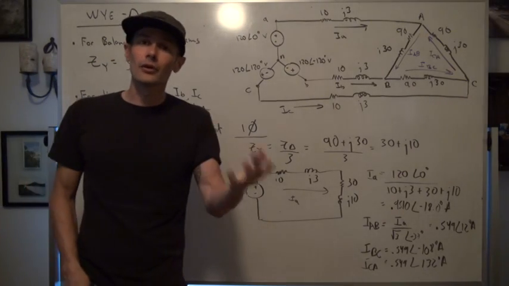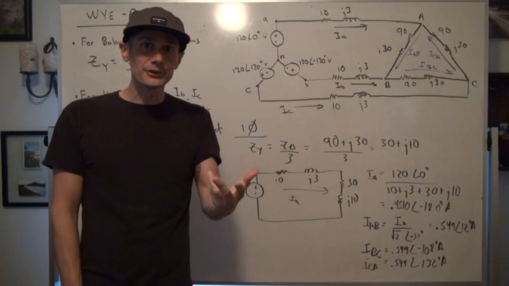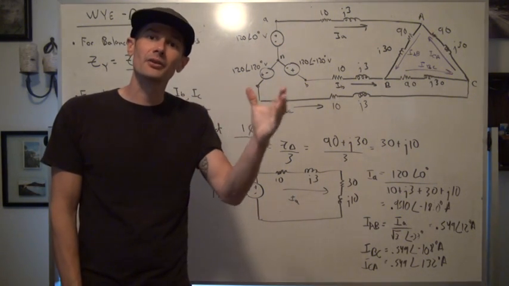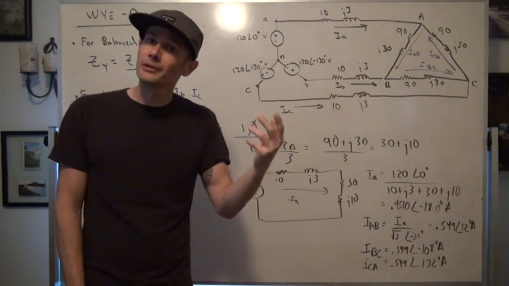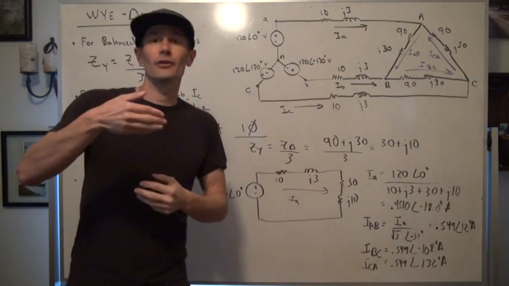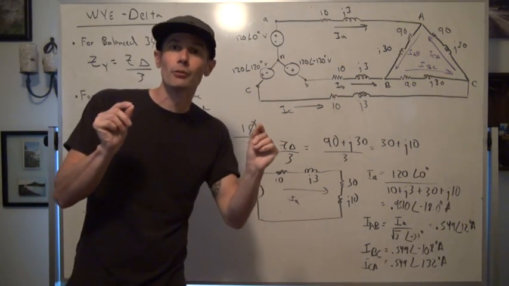And by that conversion, we can easily convert a Y to delta three-phase system into basically a Y to Y system. And once we do that conversion, that means that we have converted into basically a system where the source and the load both have neutral points.